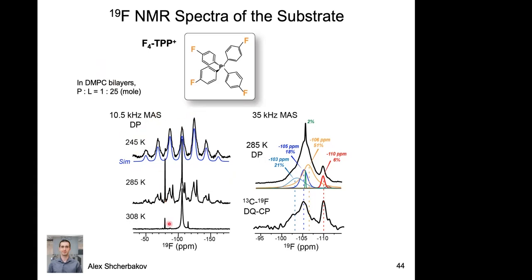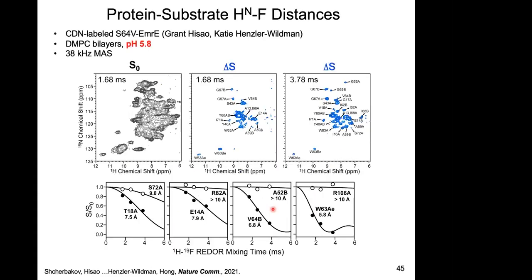And then when you go to high enough temperature above the gel to liquid crystalline phase transition, you can see a single isotropic peak for the fluorines, indicating that the drug is doing some kind of tetrahedral jumps or reorientations that are highly symmetric so that you don't have any spinning sideband. So that gives you an idea of the drug property.